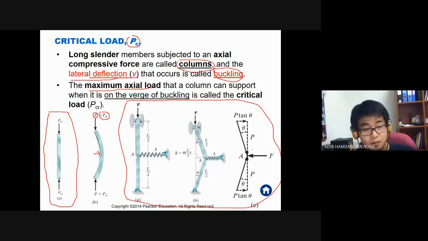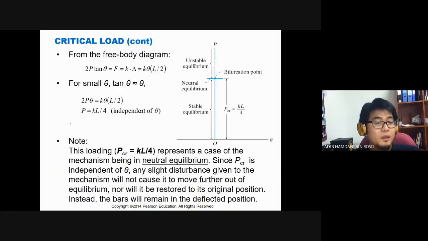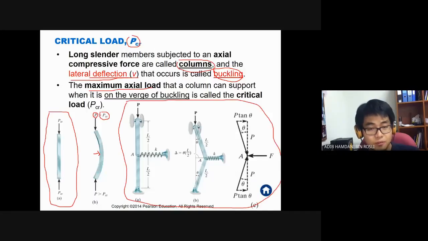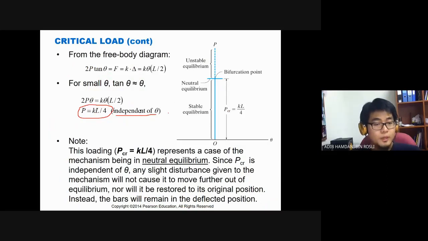This is the idealized model; it's not the real one, it is just the model. From this model, we can see that the relation of P is independent of theta, the deflection angle.